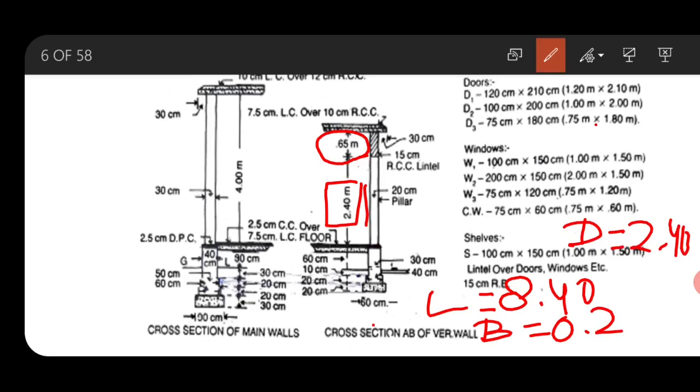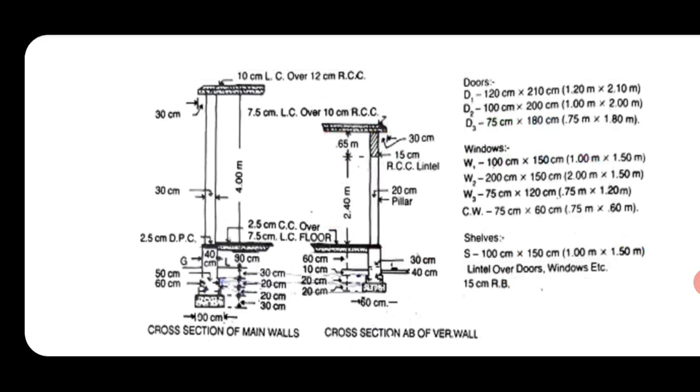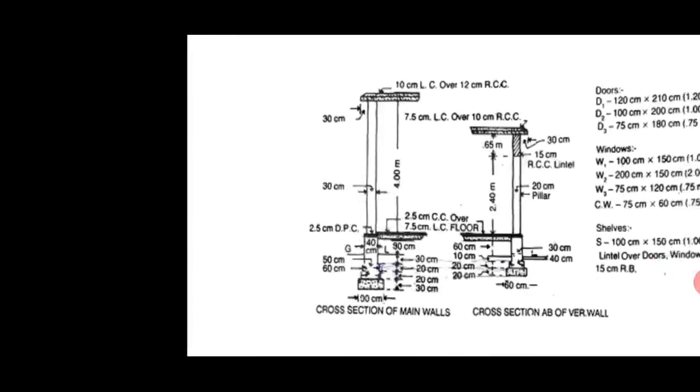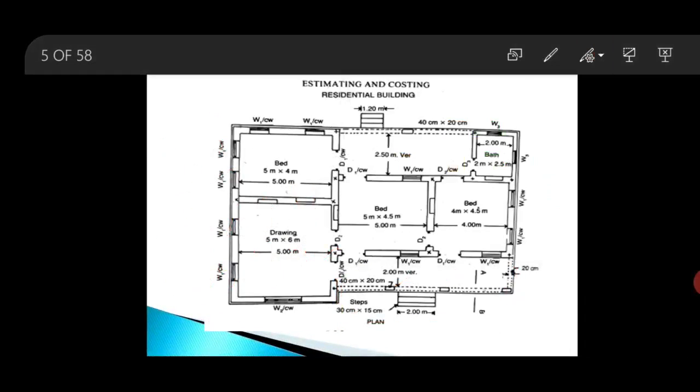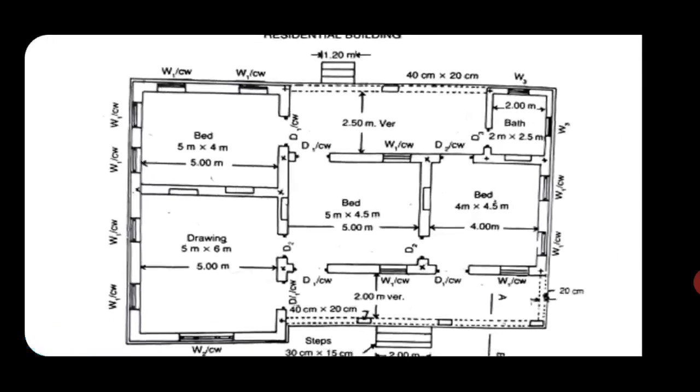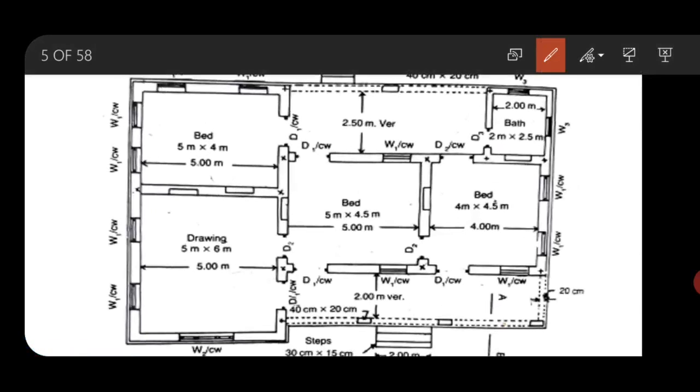Similarly, we will go for the side wall. The front part is over, now we will go for the side wall. This also we have considered as solid, but there is only brickwork for a depth of 0.65 meter, so the rest part will be deducted.